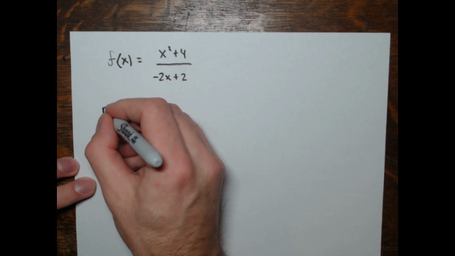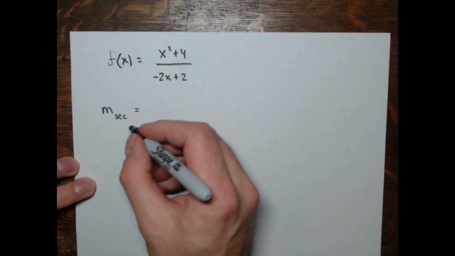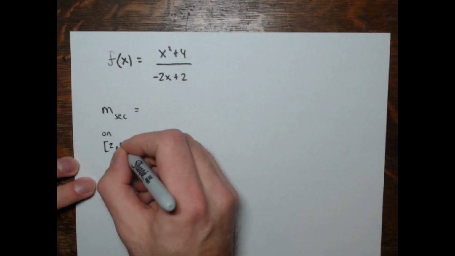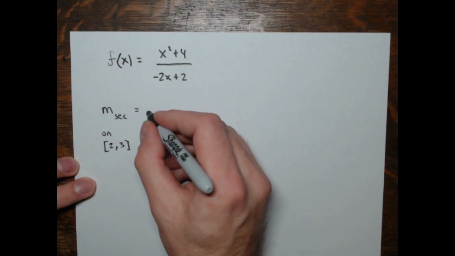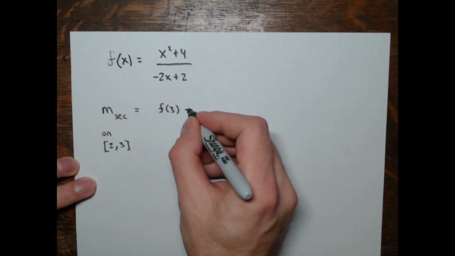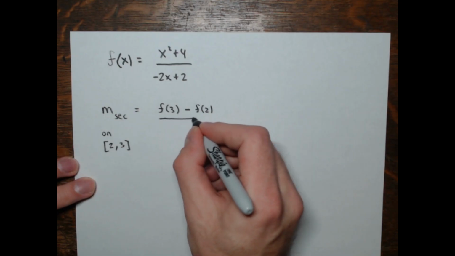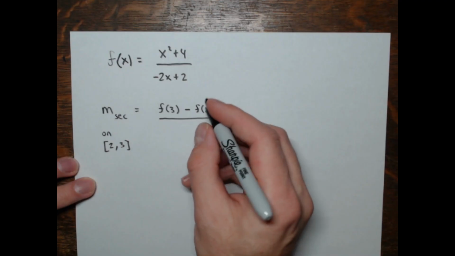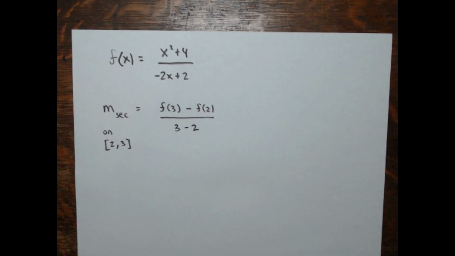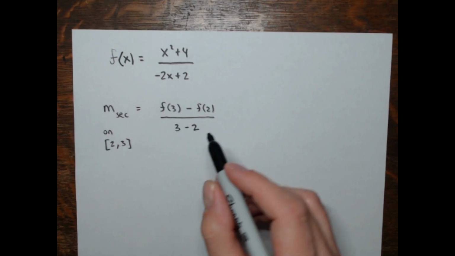And we're trying to find the slope of the secant line, the average rate of change on the interval from x equals 2 to x equals 3. So again, this is just your average rate of change. It's going to be the value of f at 3 minus the value of f at 2. So that'll be your rise, the change in y, and then divided by 3 minus 2.